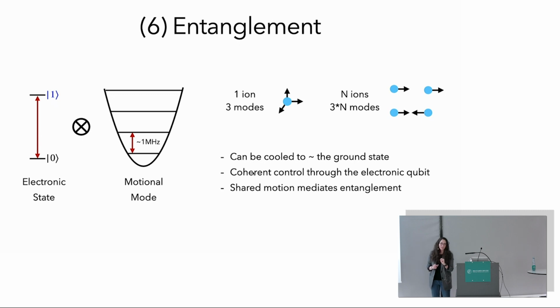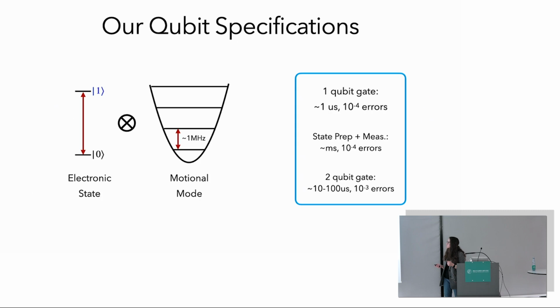I won't go into detail exactly how we do it, but the motion allows us to create entanglement. If we have n ions trapped in a single harmonic potential, we can drive entangling gates between any arbitrary subset of those ions. How fast that might be is another question, but we can in principle.